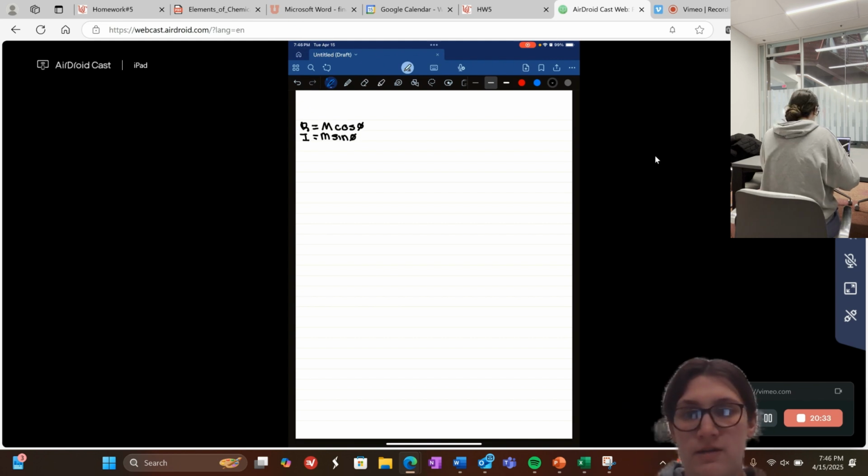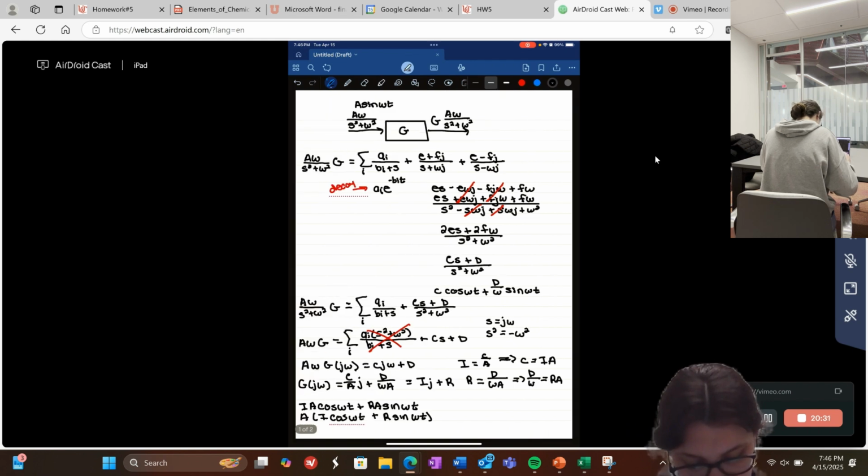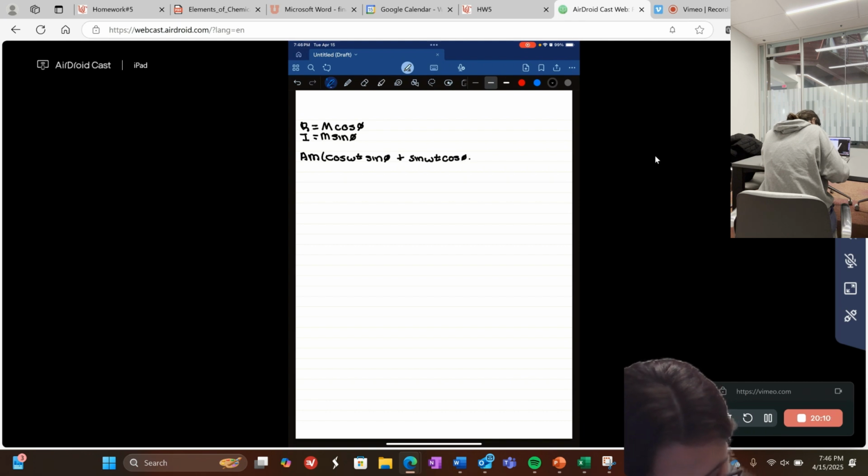And when we plug that in, we can factor out the m, leaving us with a times m times cosine omega t times sine phi plus sine omega t times cosine phi.